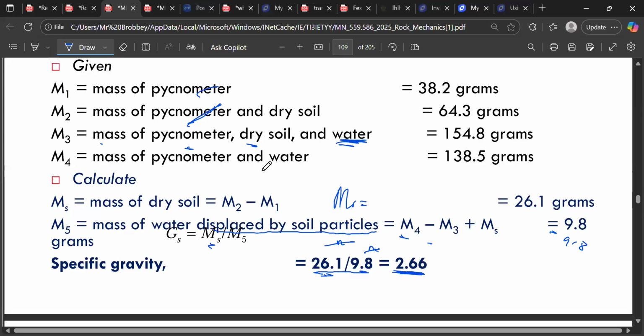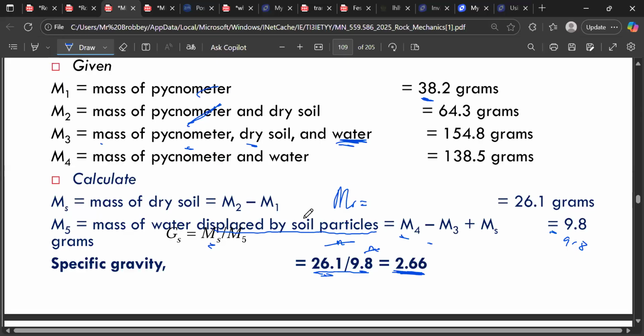If M4 is the mass of the pycnometer and water, subtracting M4 from M3 should give you the dry soil. Yeah, but our goal here at M5 is not to find the mass of the dry soil. You can also manipulate and you should be getting this same thing over here. I don't know if I'm making sense to you.